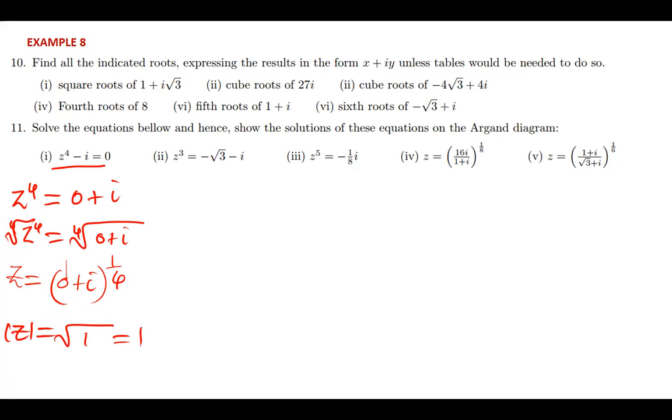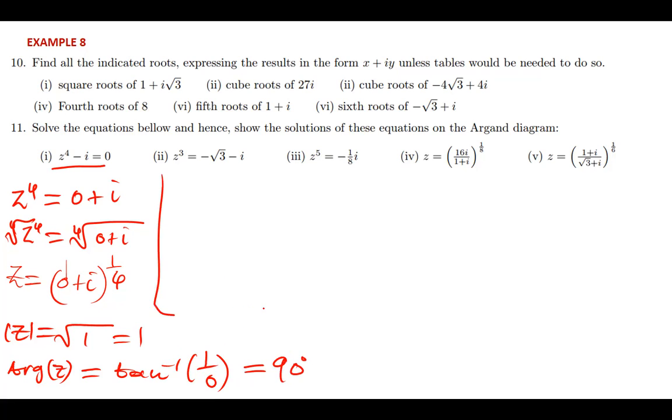Then the argument of z will be tan inverse of the imaginary part, 1, over the real part, 0. This gives us undefined, and tan inverse of undefined is simply 90 degrees. So the argument is 90 degrees.